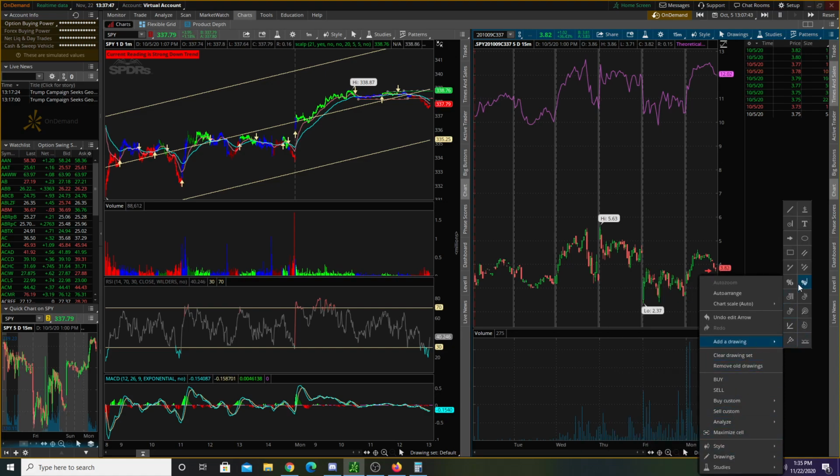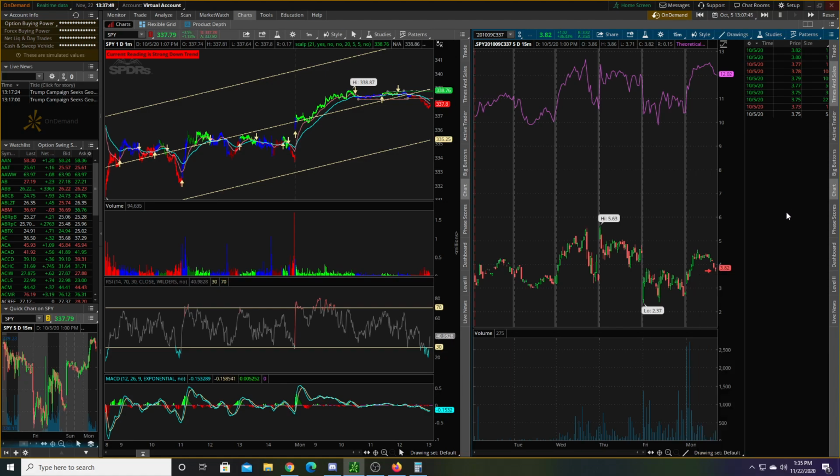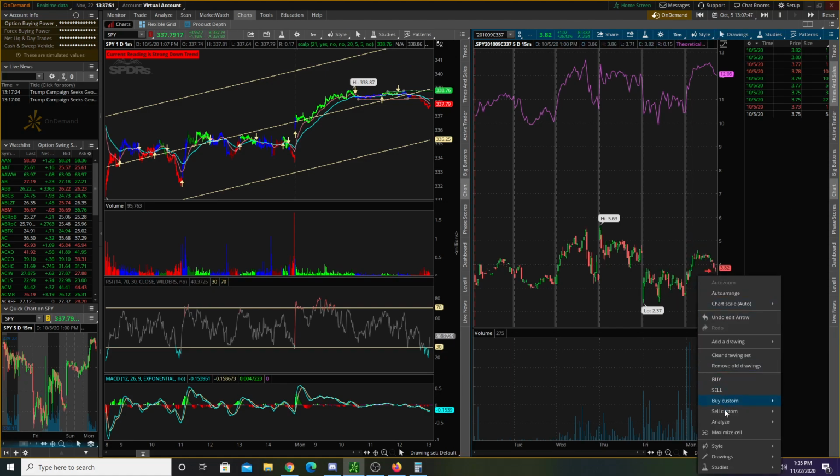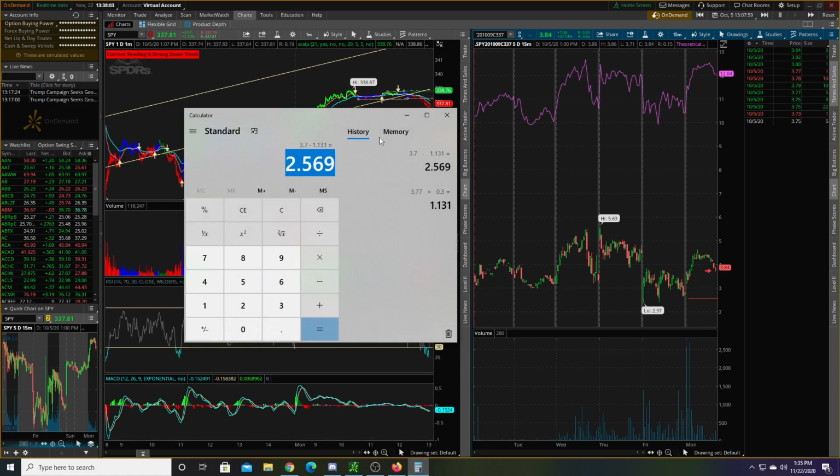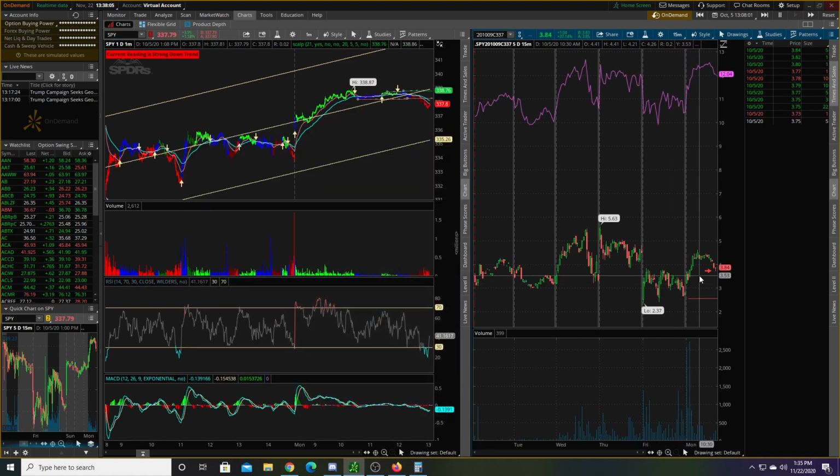The difference is between a trailing stop limit and a trailing stop market order, which I believe on the mobile app you are unable to actually set your trailing stop limit order. It's only trailing stop market.